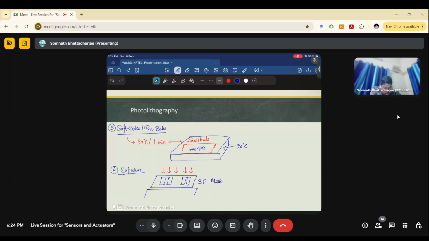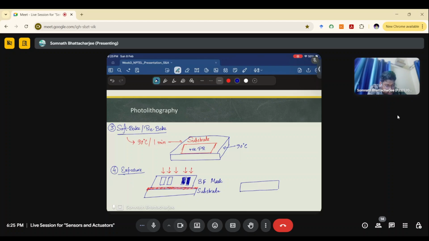This was your substrate, and on top of that there is this PR, and the light is shone on top. Based on the combination of the PR and the mask, as we have previously discussed, either the exposed area will be stronger and the rest will dissolve, or otherwise it will dissolve. So let's say the created pattern will look something like this.